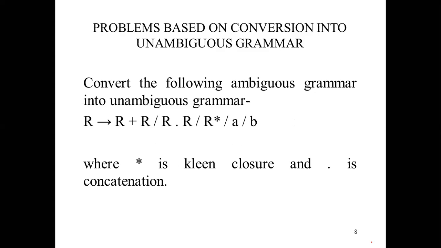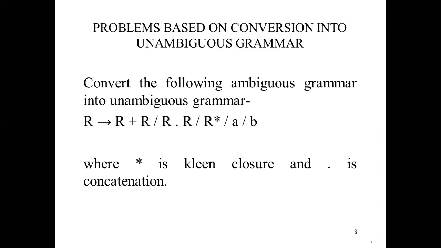Convert the following ambiguous grammar. So this is the ambiguous grammar. Here it is already mentioned, and we are going to convert it into the unambiguous grammar. Now R is indicated by the arrow sign.